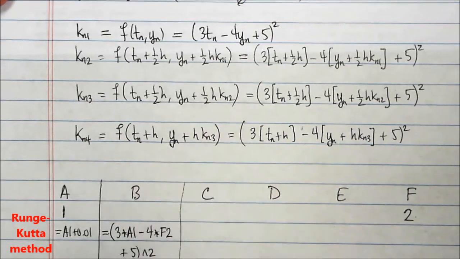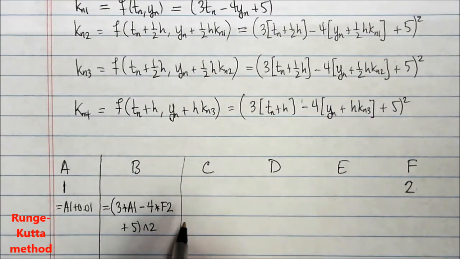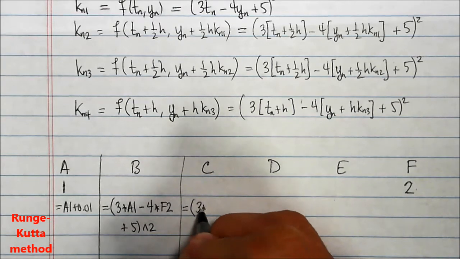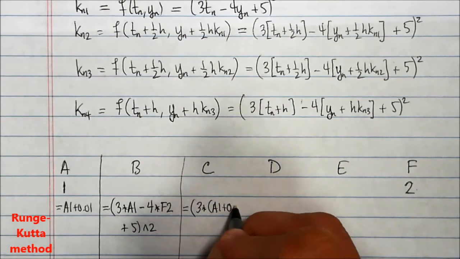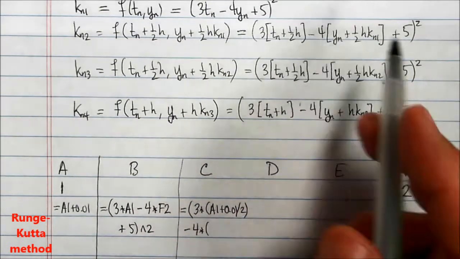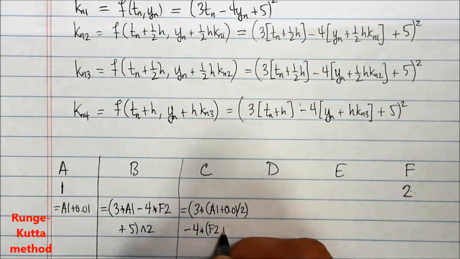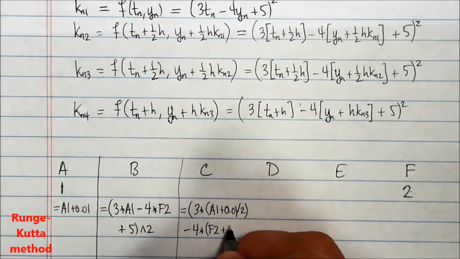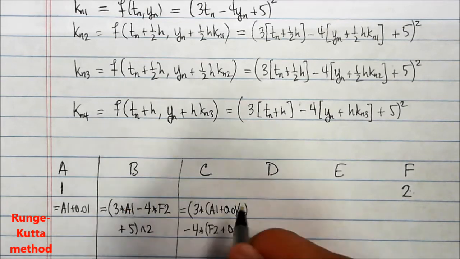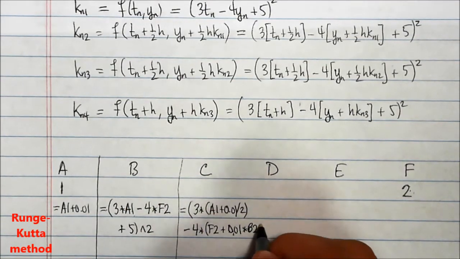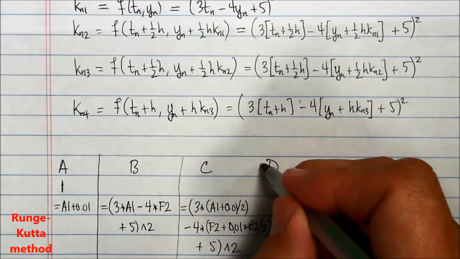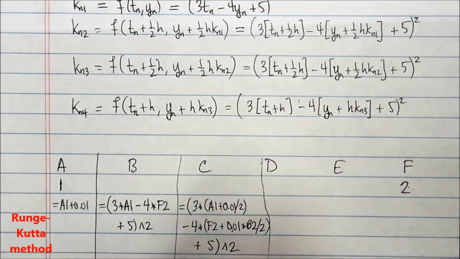And so that's what goes in column B. Column C will be implementing this, so equals 3 times A1 plus 0.01 divided by 2, minus 4 times the previous y value over here in F2 plus 0.01 times the previous k thing that I just got over here in B2 divided by 2, plus 5 squared. And so that's what's in column C.